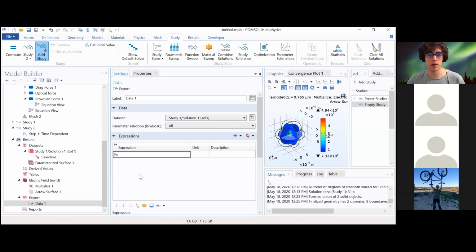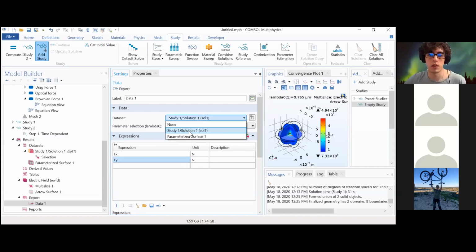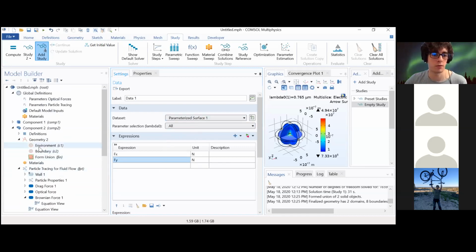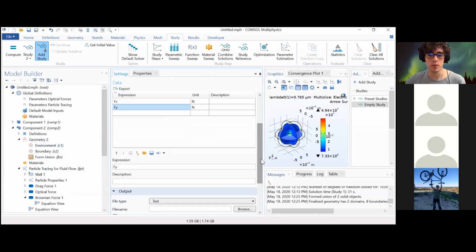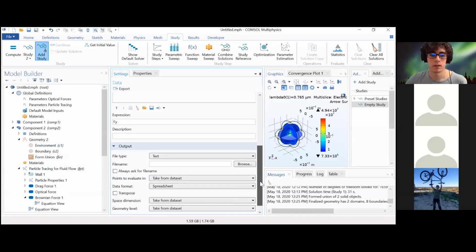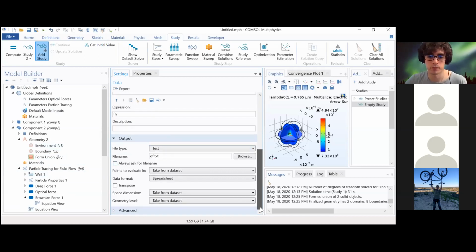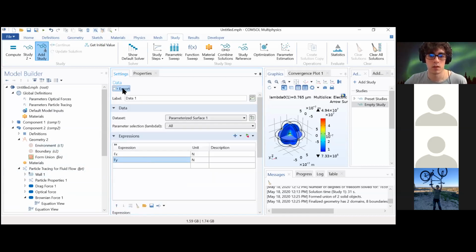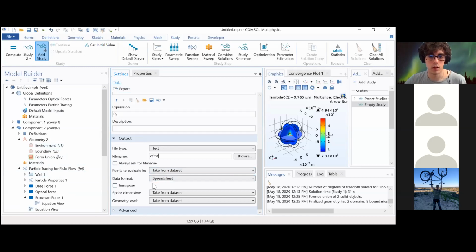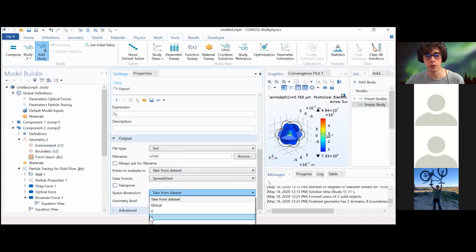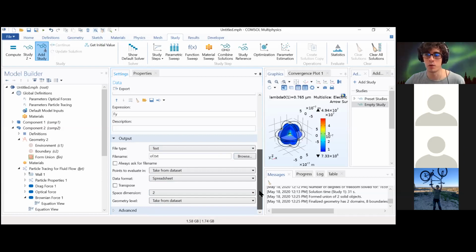So we will add fx and fy to export, and a parameterized surface from the parameterized surface that I defined before. So just from one plane. And then now we'll just add here forces as a text file. And now the space dimension, we will reduce it to 2, because now we reduce the dimensionality from 3 to 2.